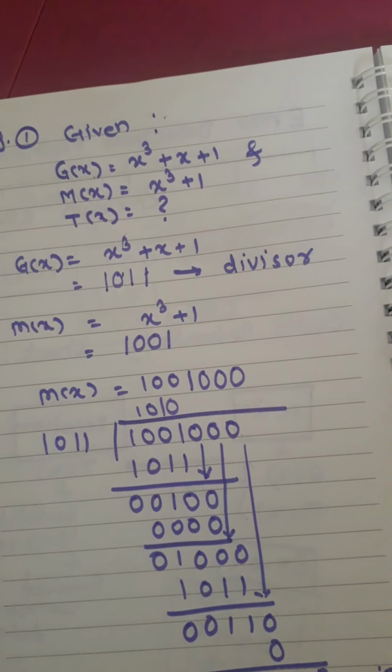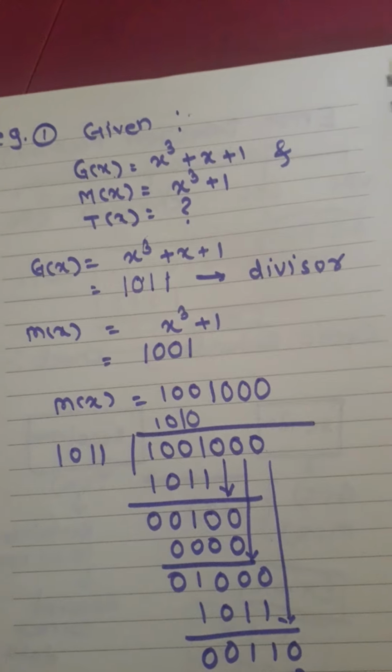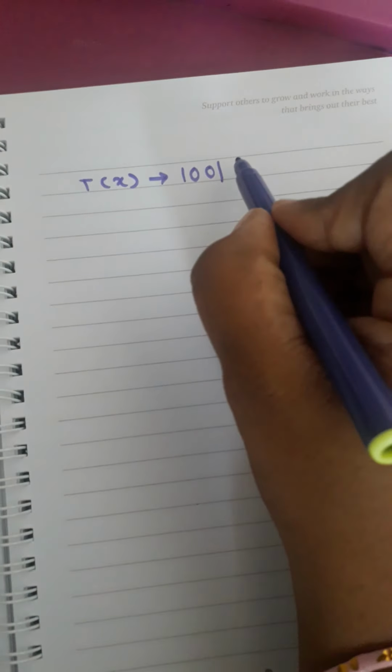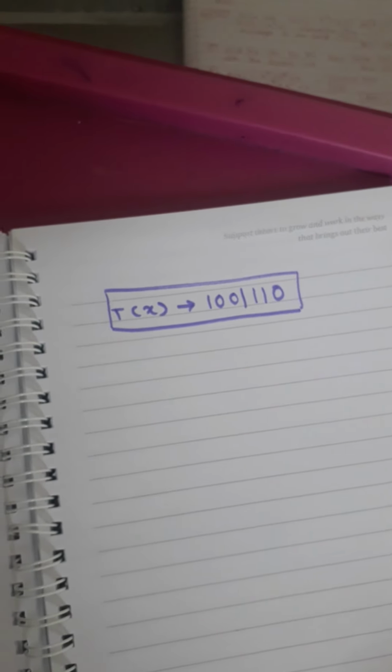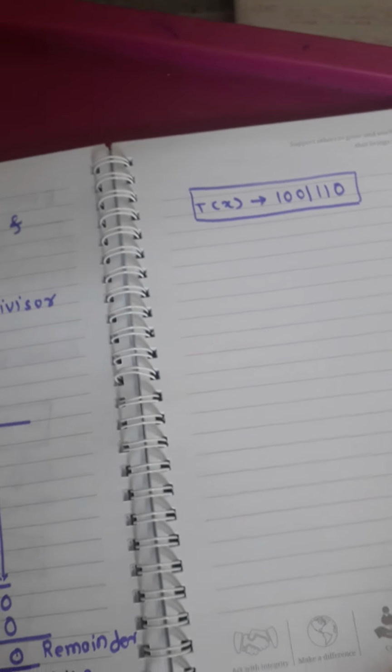So what will be the transmitted data frame? Our message, that is 1001, and the CRC bits, that is 110. So this will be the answer. T of x will be 1001110. Okay. Now what is the receiver going to perform?